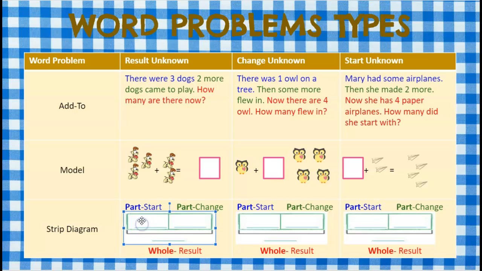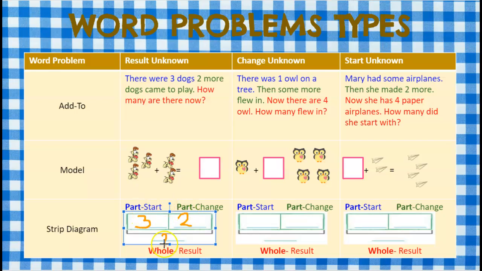So the first part of the problem, it says that we started with 3 dogs and then something happened, 2 more dogs came, and now we need to figure out the total, the whole, how much these 2 numbers make.